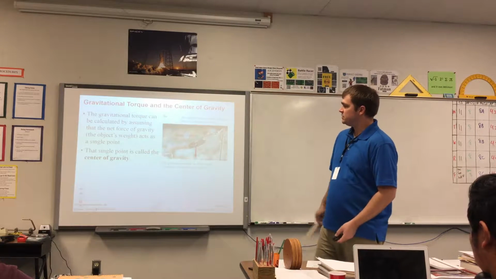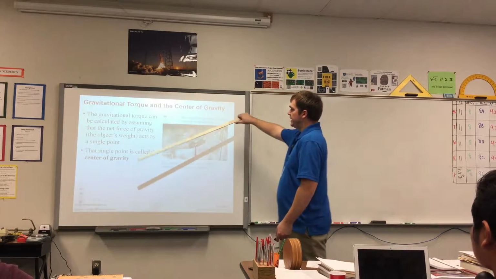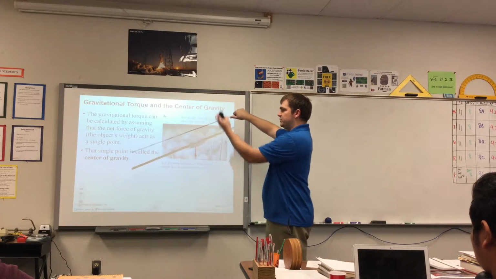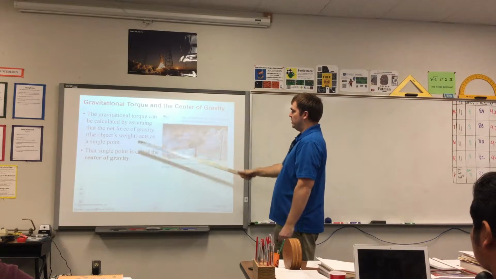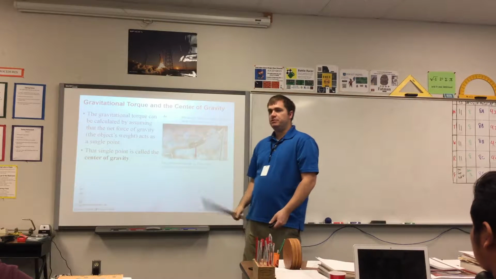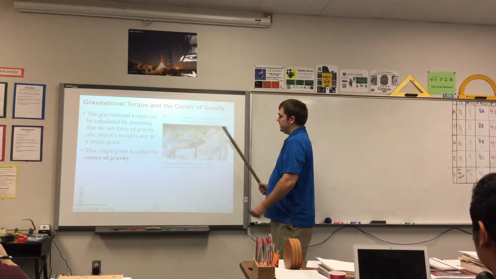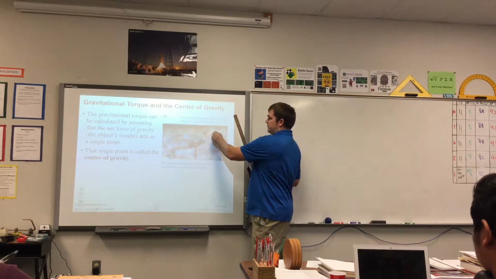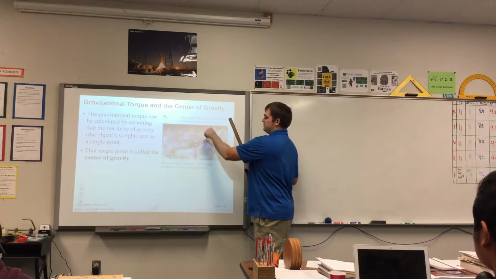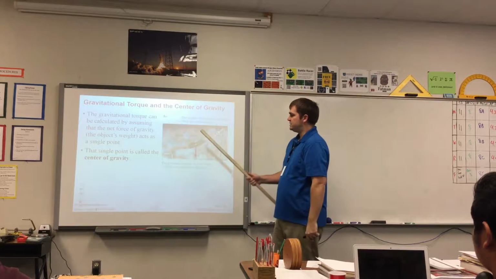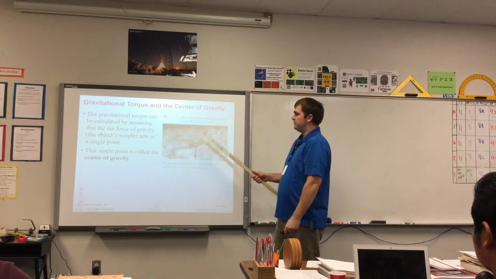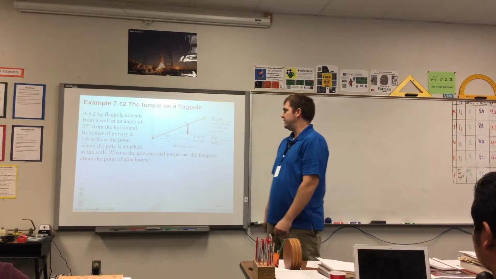Anyway, the total gravitational torque can be calculated by assuming that the net force of gravity acts on a single point. So we don't have to do a million calculations. How much torque is being caused by these molecules being pulled down, and by these, and by those, and all the way down the line? We just say, apply her whole mass, gravitational force right there.